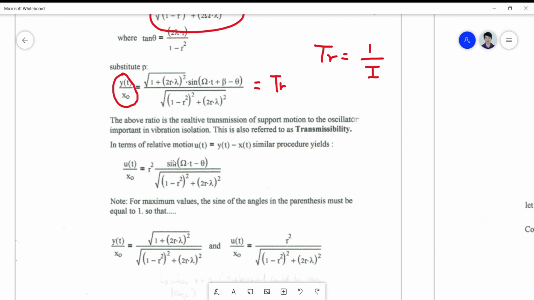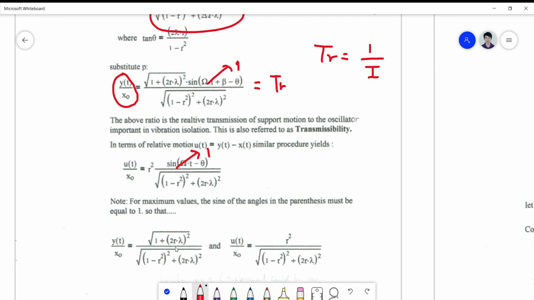If we place this equal to 1, then your simple equation for absolute will be this, and for relative this.